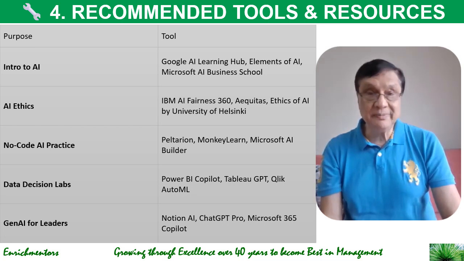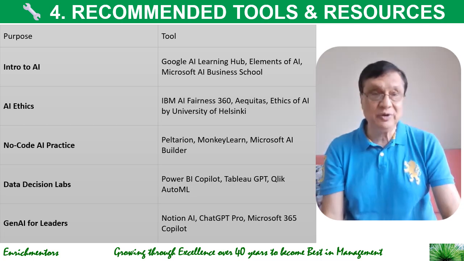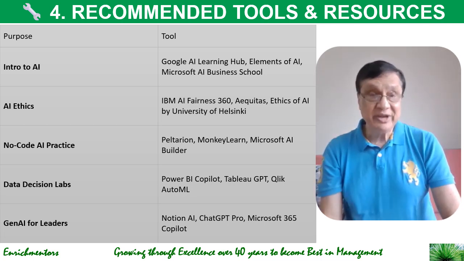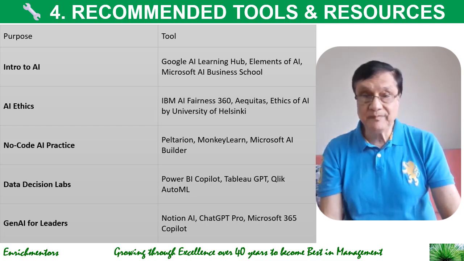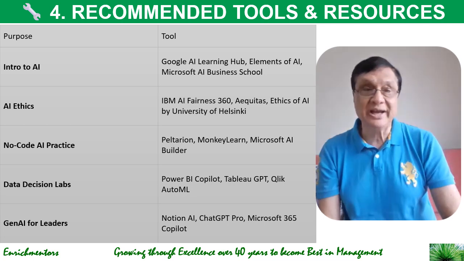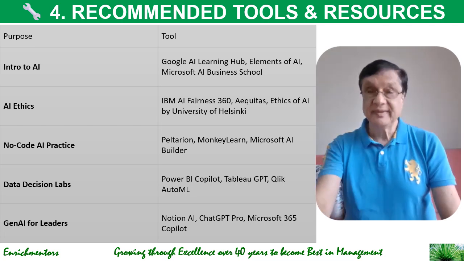You could use Peltarian, Monkeylearn, and Microsoft AI Builder for no-code AI practice. And for data decision labs, you could use Power BI Copilot, Tableau GPT, or Qlik AutoML. And to teach and coach on Gen AI for leaders, you could use Notion AI, ChatGPT Pro, Microsoft 365 Copilot. So these are some of the recommended tools and resources you could use.